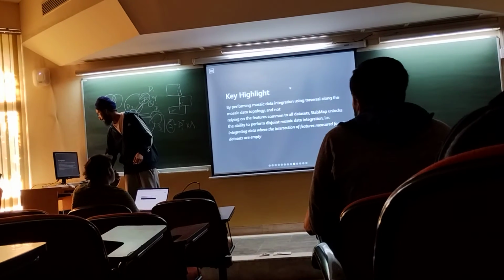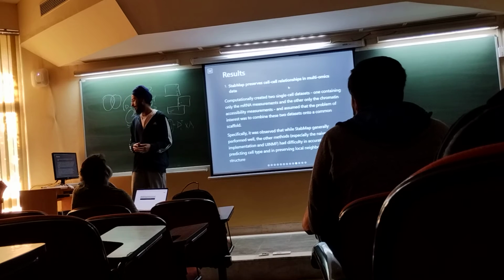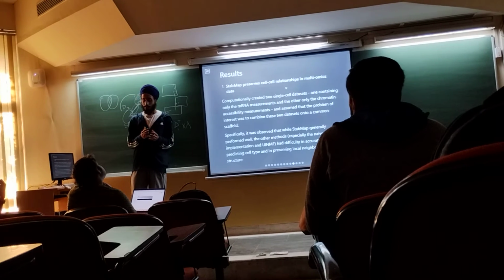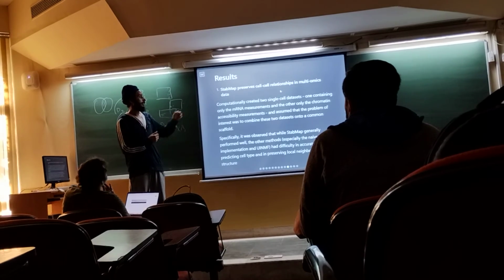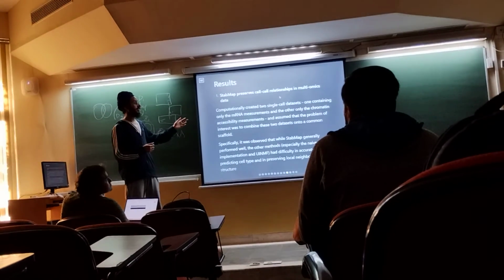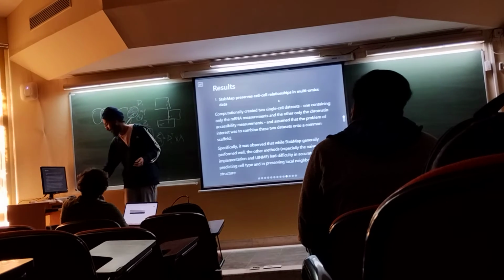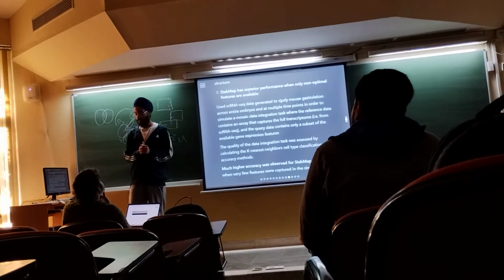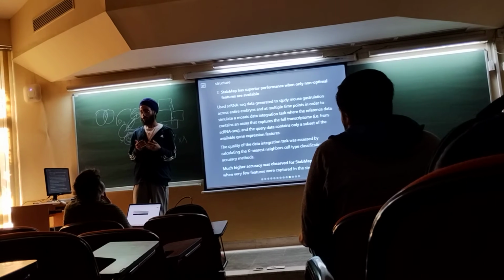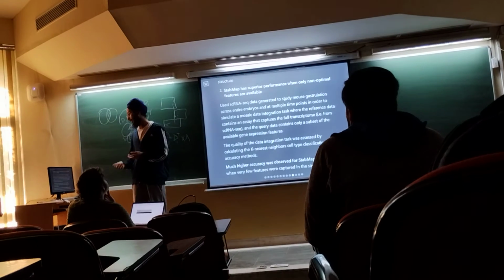Finally, the results were comparatively much better than UINMF and MultiMap approaches. StabMap was able to preserve cell-cell relationships in the multiomics data, and as I already stated in the starting, it was superior when the non-overlapping features were much higher.